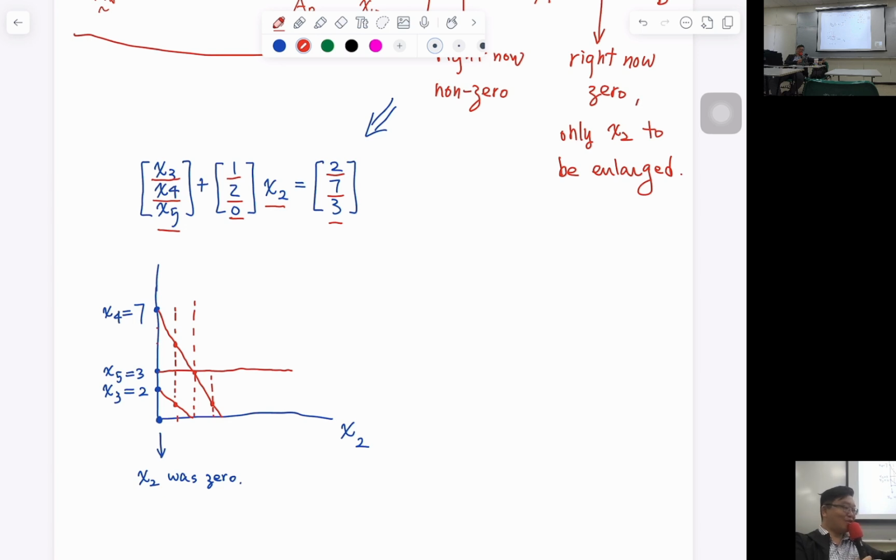No, because x5 equals 3 is still 3 all the time. It doesn't change to 0. Even with increment of x2, x5 is 3. It cannot drop to 0. There's one variable that is gonna drop to 0. Which one? You can already see it.